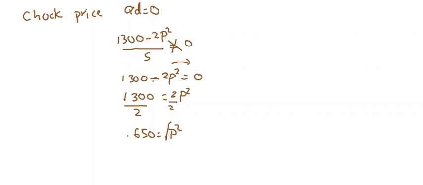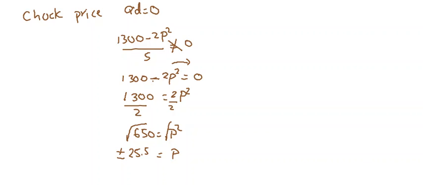Just take the square root of both sides. You will get that p is equal to positive and negative square root of 650, which is equal to 25.5.